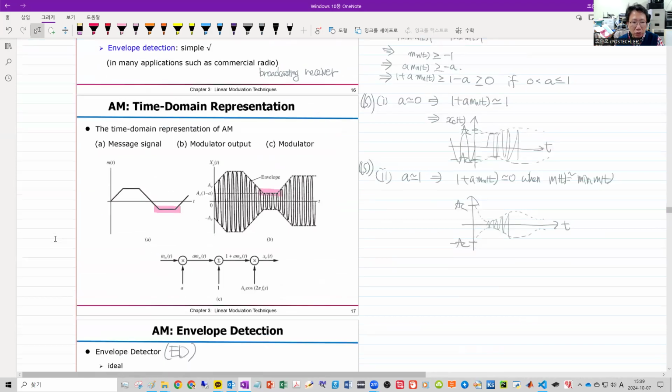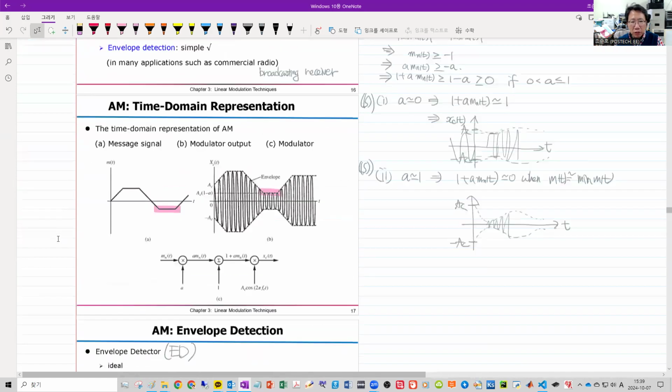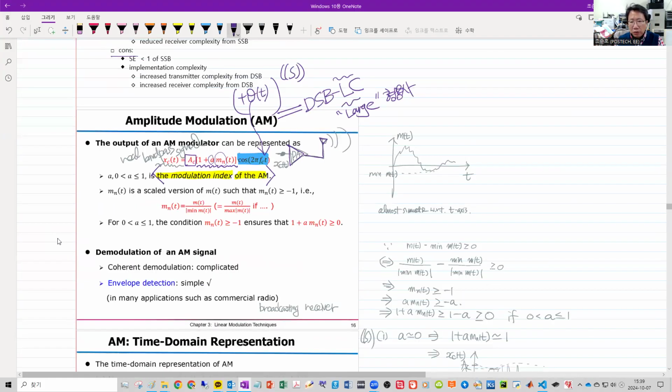Okay, let me just expand it because it's not that difficult. So X_c(t) after the expansion is what?